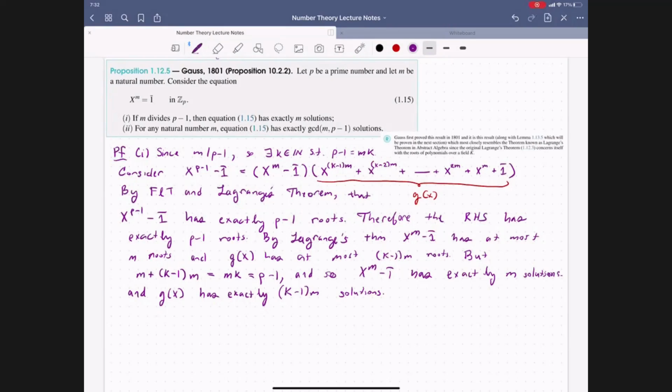So let us continue. Let's now look at the second statement. We now want to show that x to the m is equal to 1 bar has exactly GCD of m comma p minus 1 solutions.